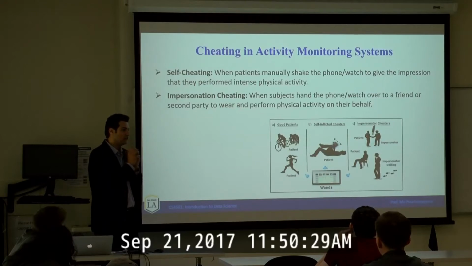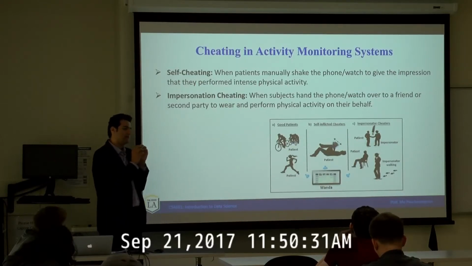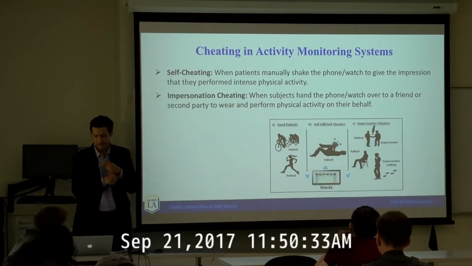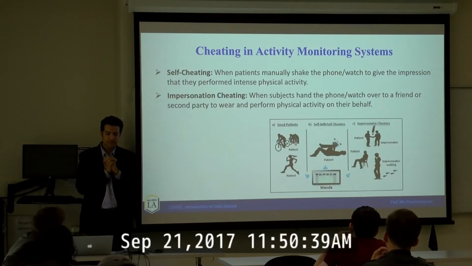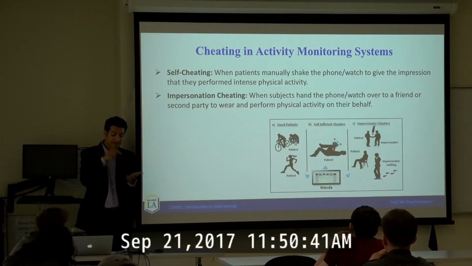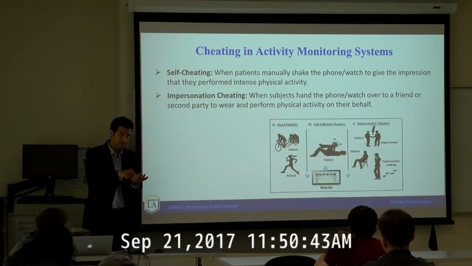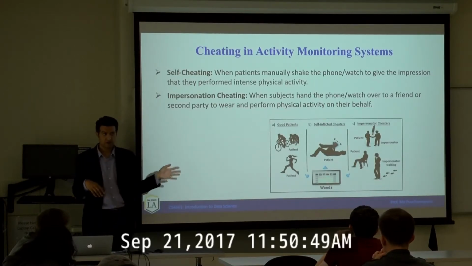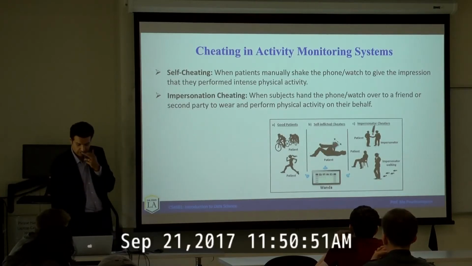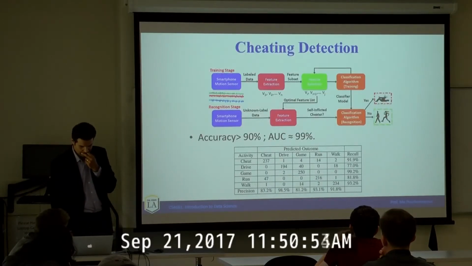Everybody has their own unique pattern for walking. It's exactly like a fingerprint. So if you train your system based on the information collected from that individual person, then the system is able to distinguish between his walking and others' walking.